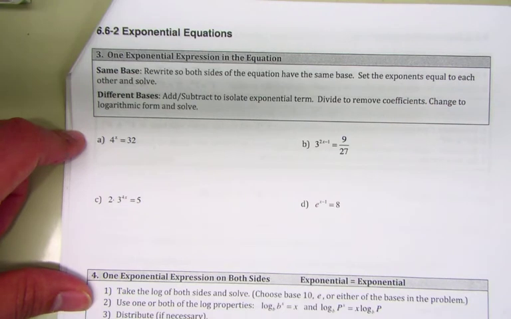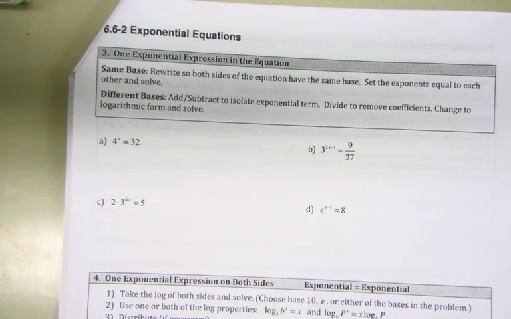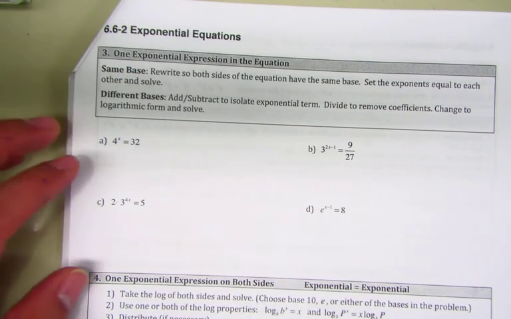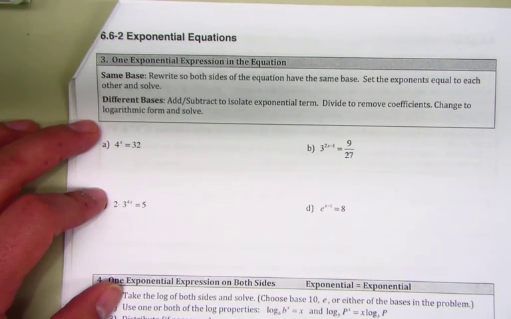You can just make it the same base and then figure it out from there. If you cannot make it the same base, then we just switch it to log form, and then we do what we've been doing.